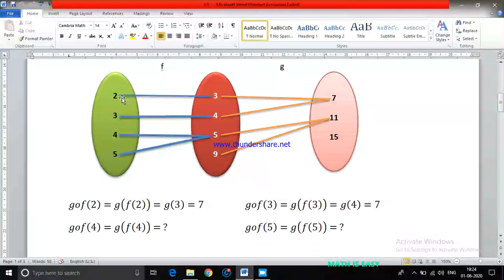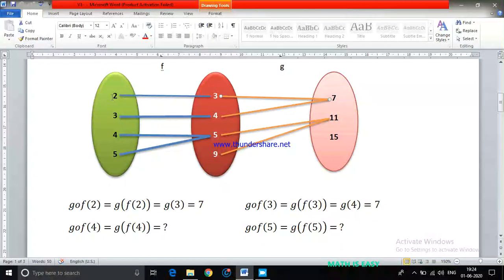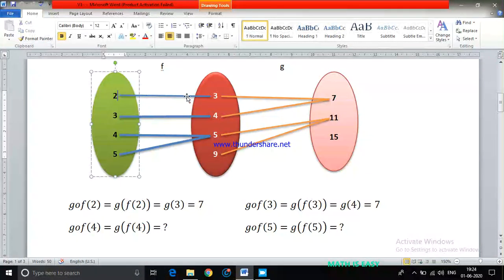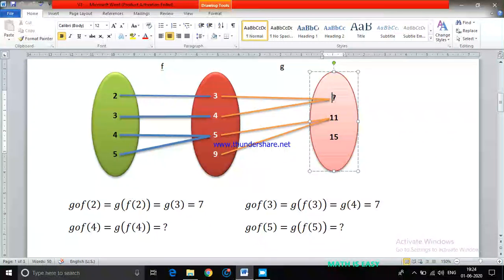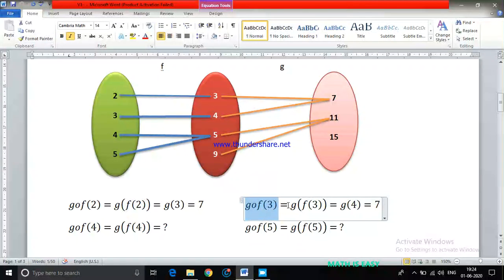You can see here there is a line from 2 to 3. That is, 2 is mapping to 3, then 3 is mapping to 7. So g o f of 2, 2 will map directly to 7. Now if I want g o f of 3, I can write this as g of f of 3.